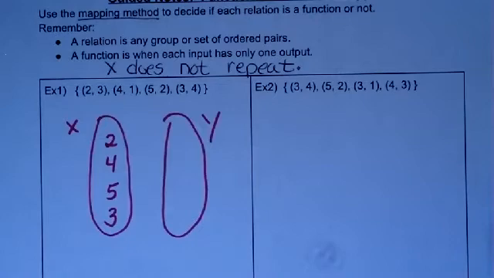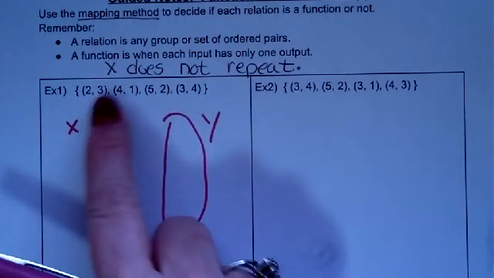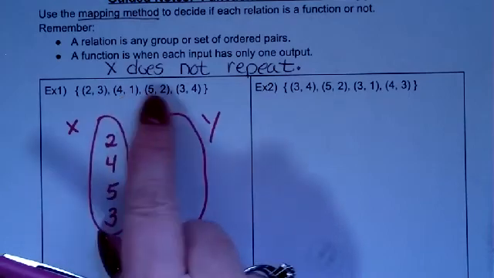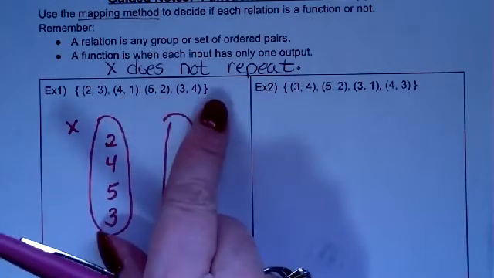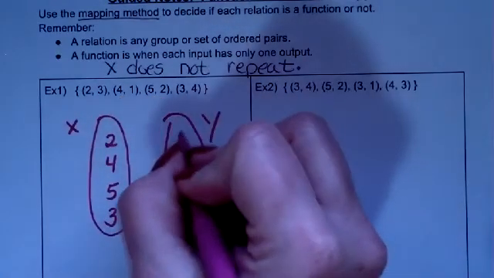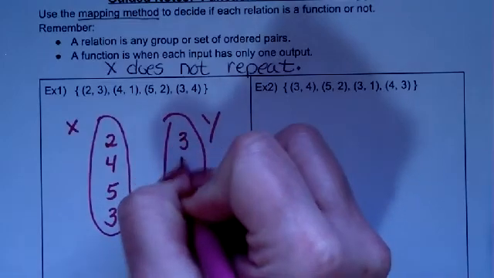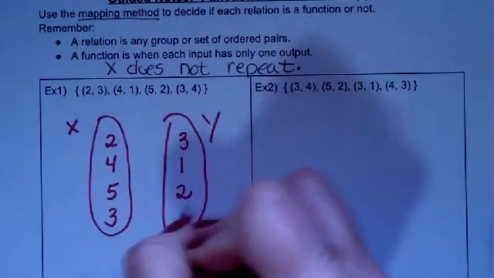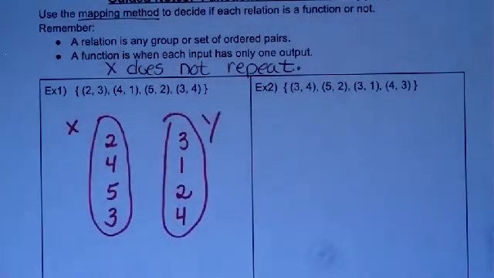Okay, then I'm going to look and put in all the different Y values in my Y bubble. So I've got 3, 1, 2, and 4.